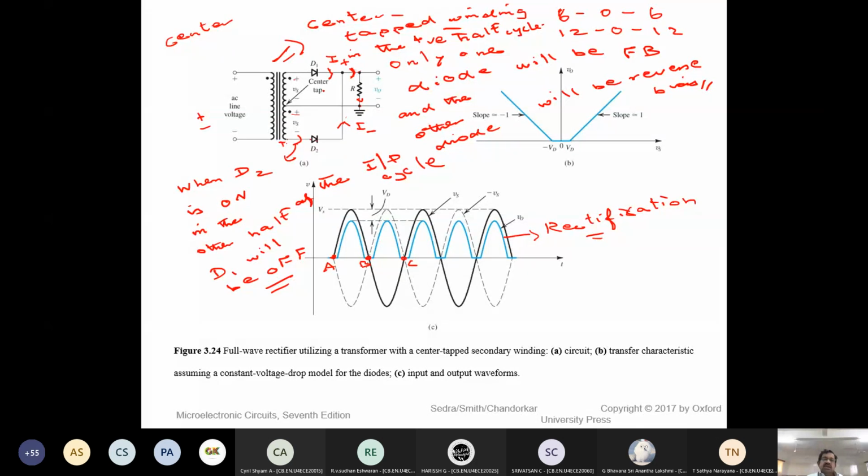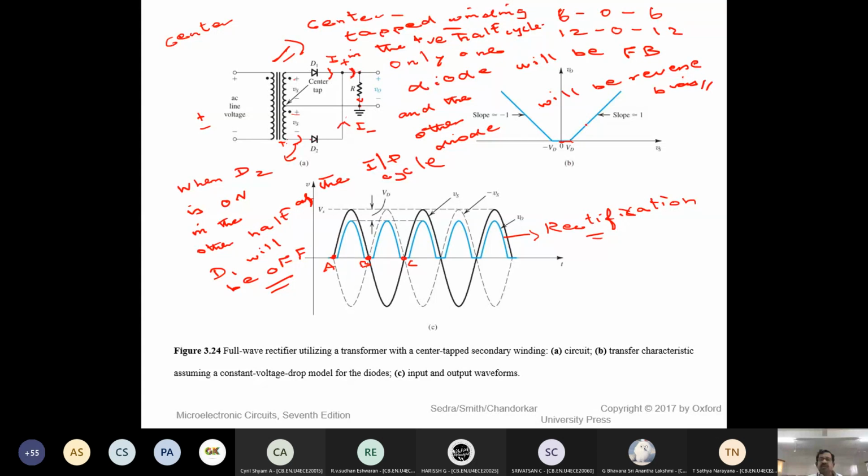Therefore, when D1 is on, let us talk about the transfer characteristic. When D1 is on, the output across R will be Vs minus Vd, where Vd is 0.7 volt. So up to 0.7 volt, there won't be any conduction.